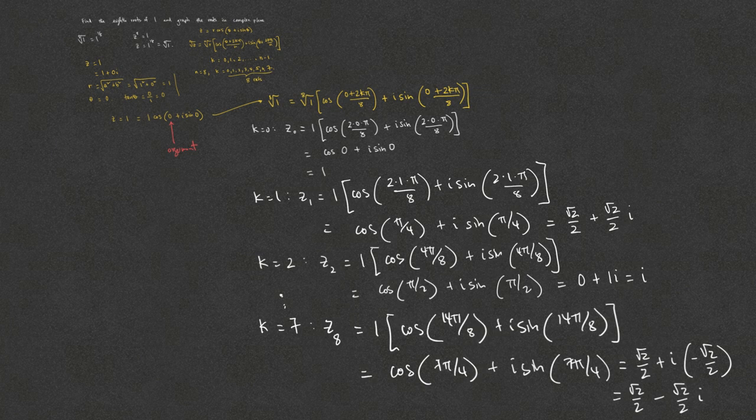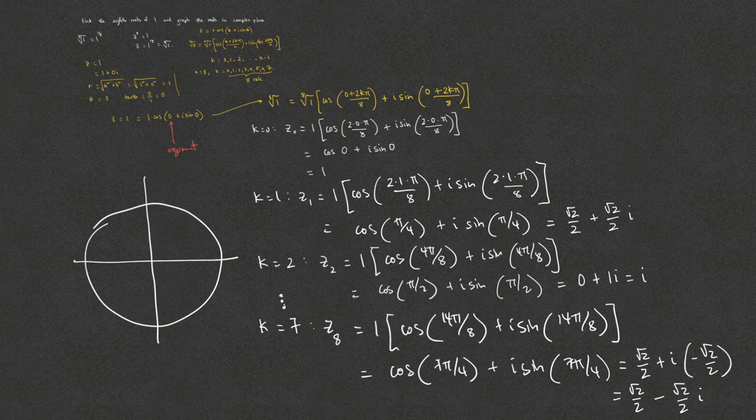And again, k equals 3, k equals 4, k equals 5, k equals 6, all the way to k equals 7. If we graph this on the circle, we will see that the first solution is simply 1, or at the point (1, 0).